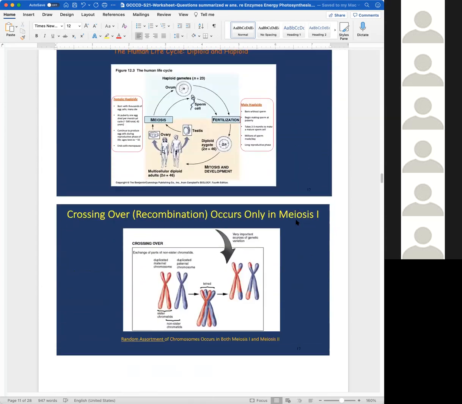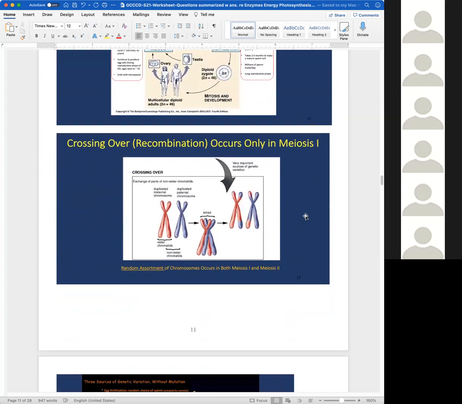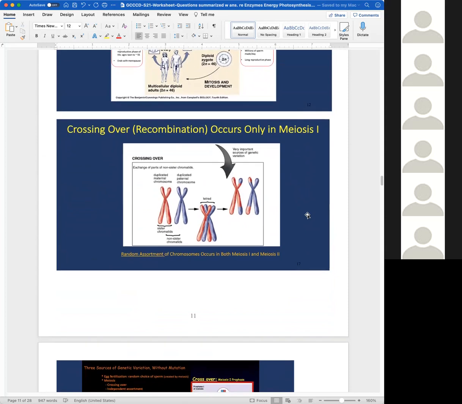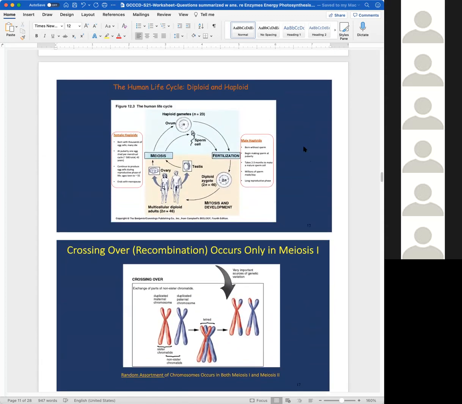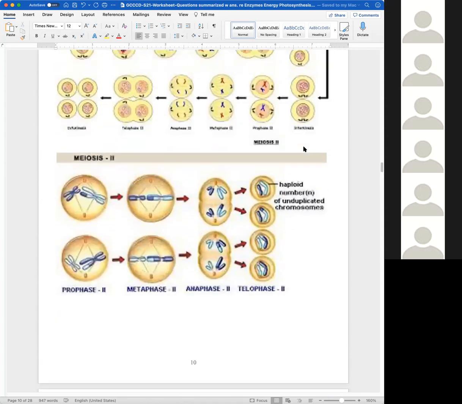There were a couple of questions about tetrads and crossing over. So I call your attention to this picture, which we've looked at before, where recombination, crossing over, only occurs in meiosis 1, in the first division of meiosis.